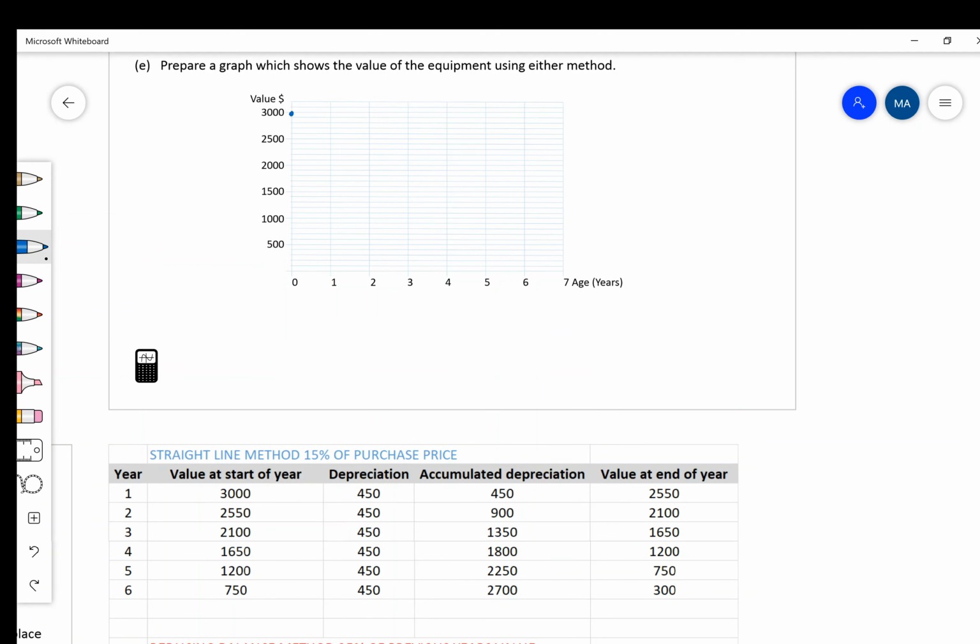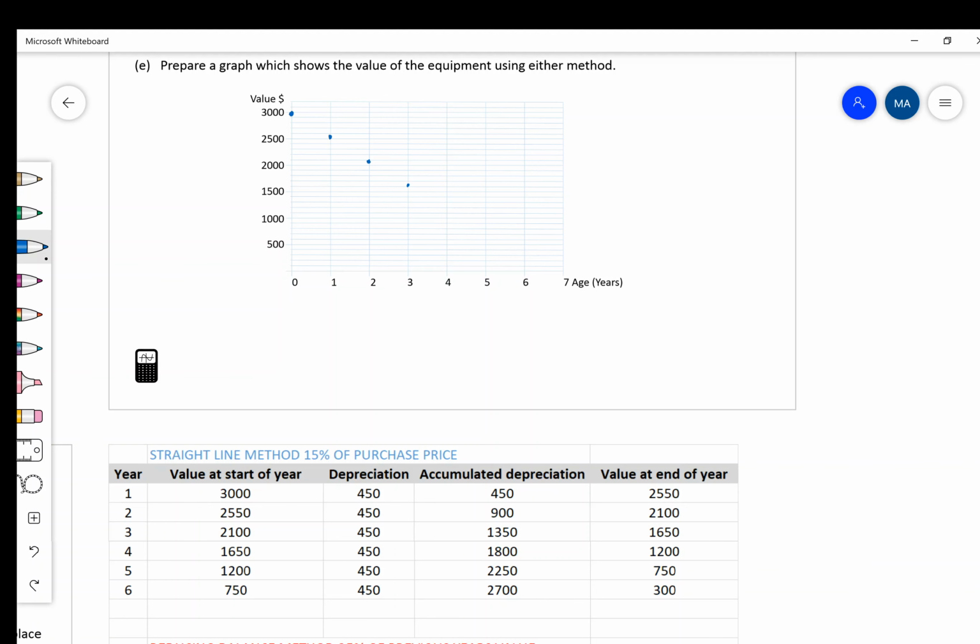So that is right there. And then we're going to continue going down and plotting these points on the grid. And we should get them to be in a straight line, because this is a straight line method. It's a linear equation, so that's the basis of it.